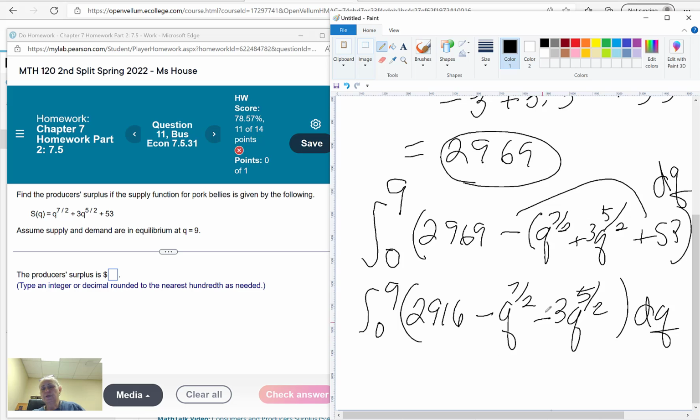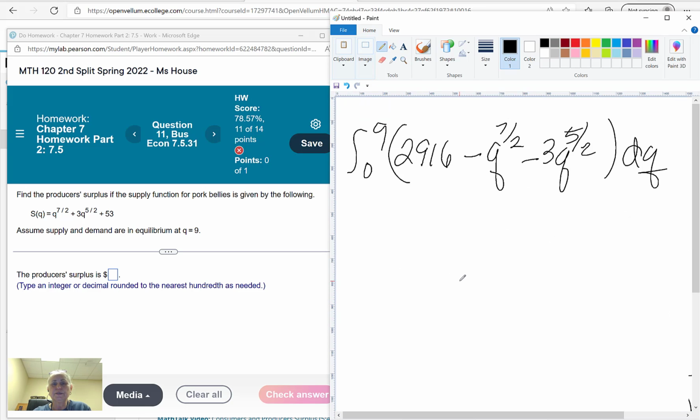All right, so don't forget that when you're doing the producer surplus, you take the surplus at equilibrium and you subtract the supply function. That's what we did. So now I need to do the integral of this and evaluate it at 9 and 0.